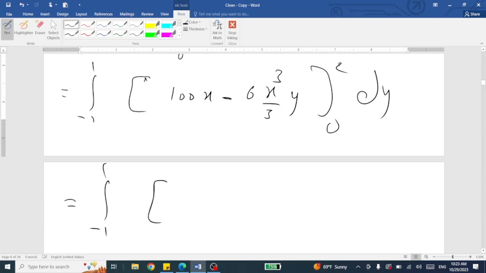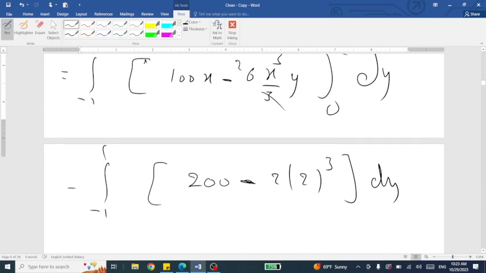Minus 1 to 1, so 200 minus what? 2x cube on here, dy. Clear?